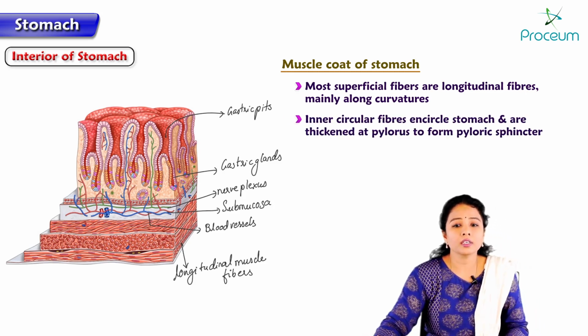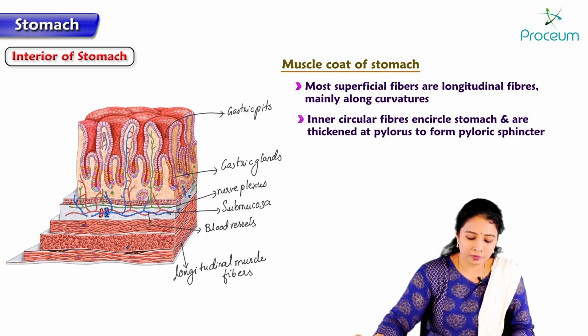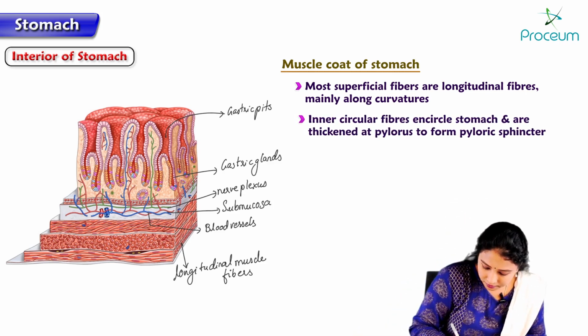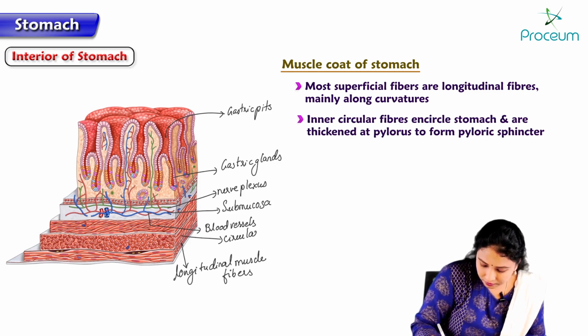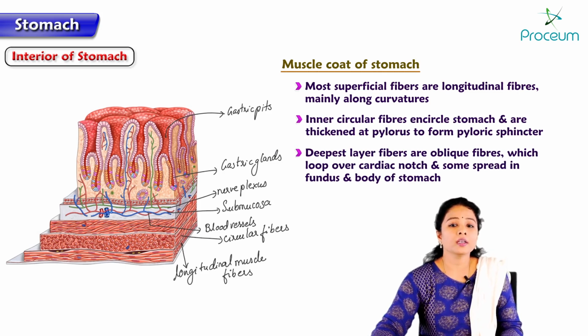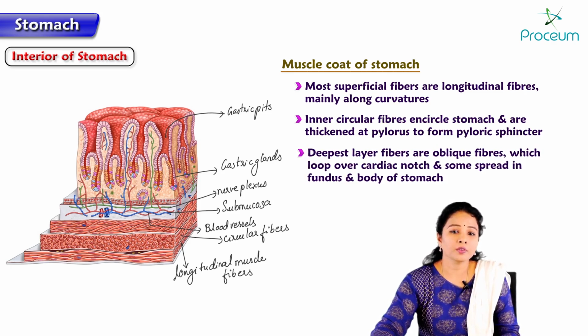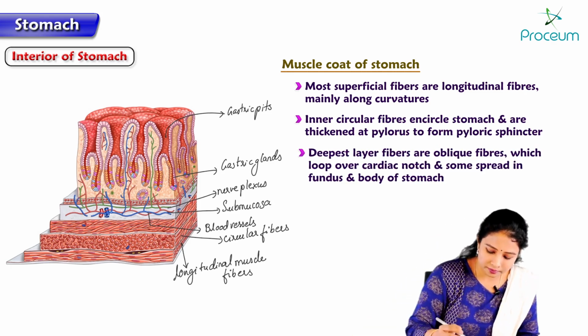And inner circular fibers encircle the stomach and are thickened at the pylorus to form the pyloric sphincter. And the deepest layer are the oblique fibers which loop over the cardiac notch, and some spread into the fundus and body of the stomach.